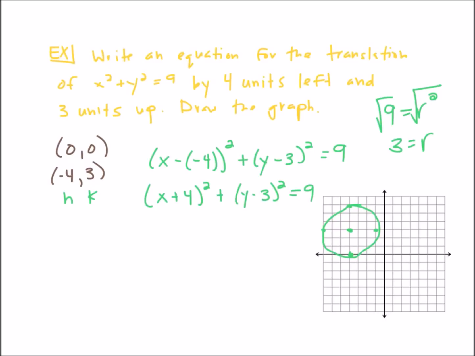All right, the final types of problems that we are going to look at here is when we are given the equation and we need to identify what the center and the radius are.